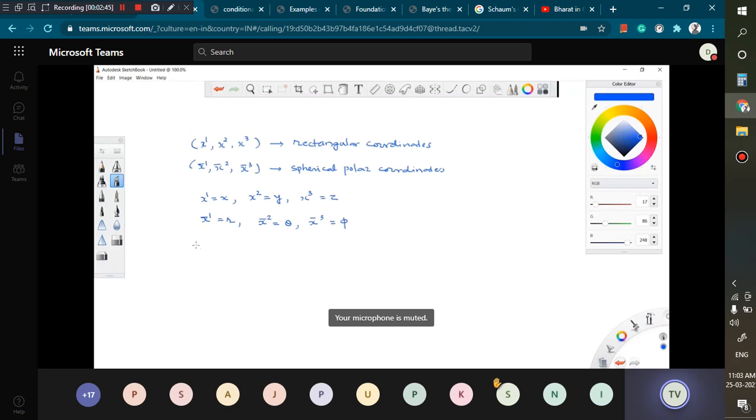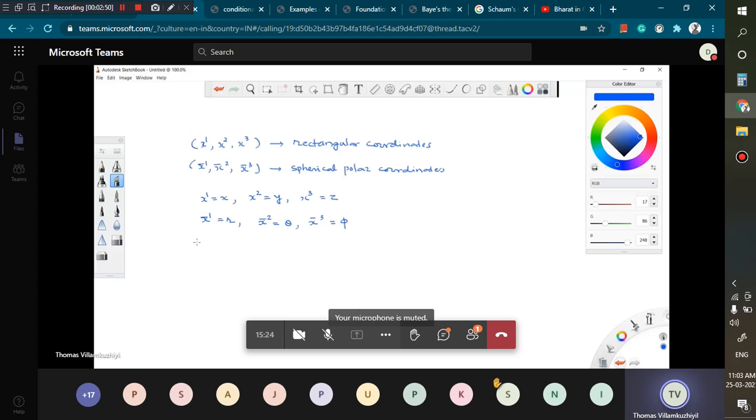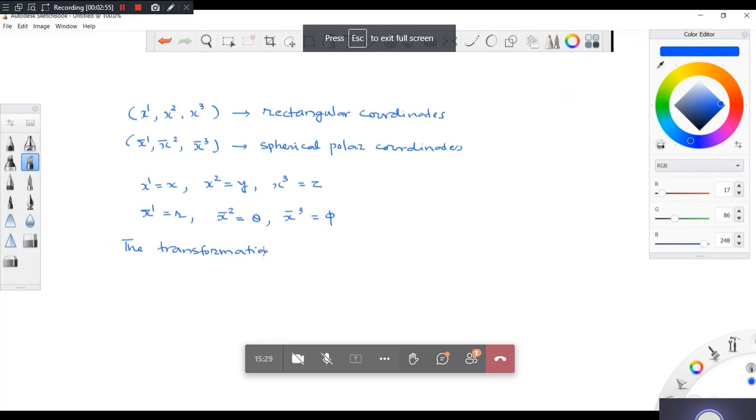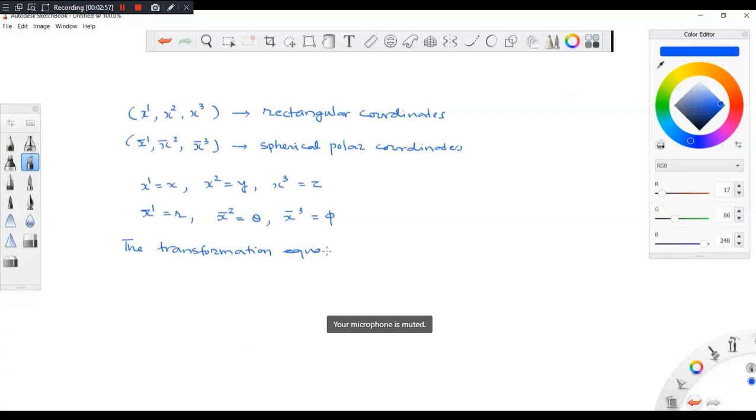And the transformation equations are x equal to r sin theta sin phi, y is equal to r sin theta cos phi, and z is equal to r cos theta.